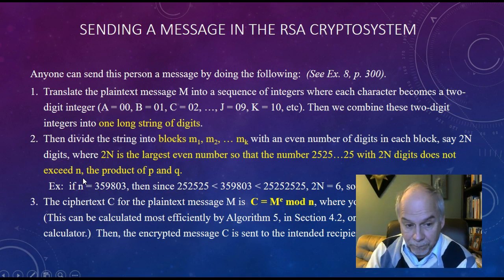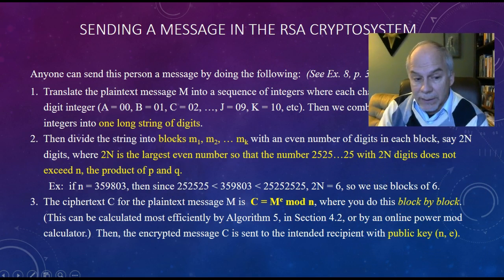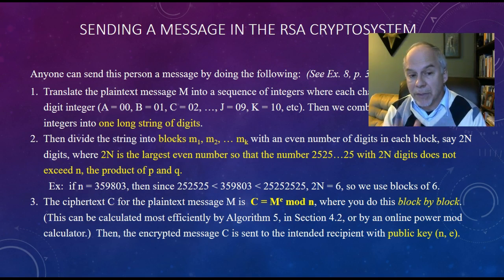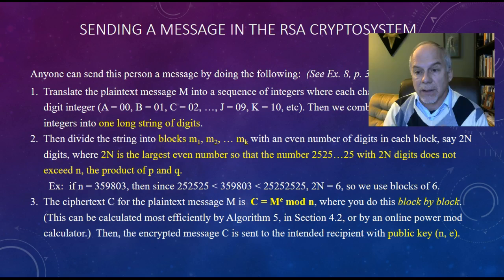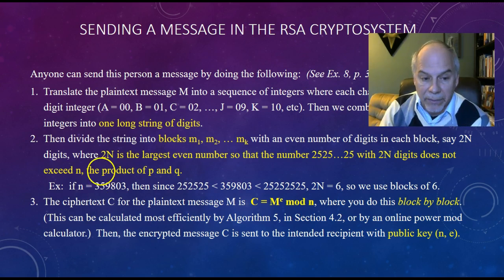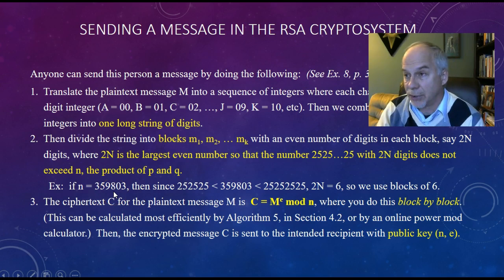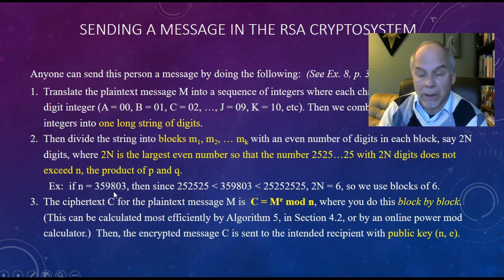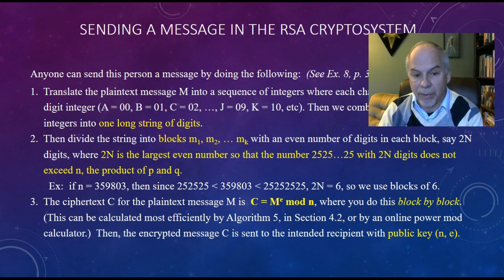All right. Now, let's give an example of what that means. Suppose N, your large number, which is the product of P and Q, is only the number 359803. Now, of course, that's not very secure. A computer could find the prime numbers that would be the P and the Q without much trouble.